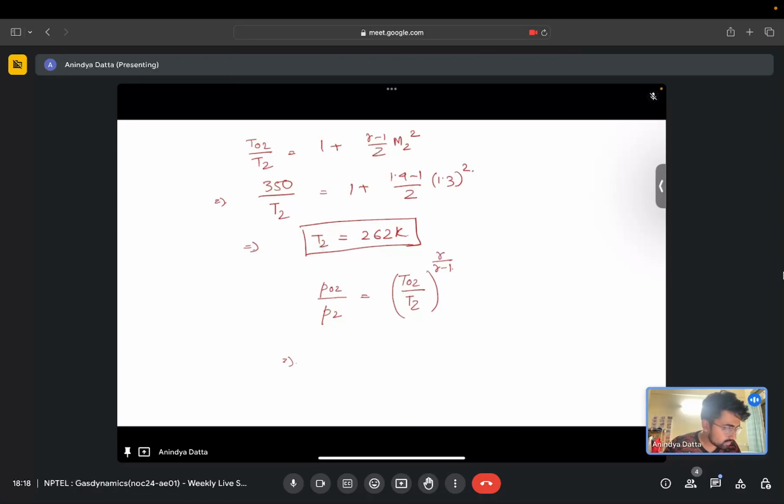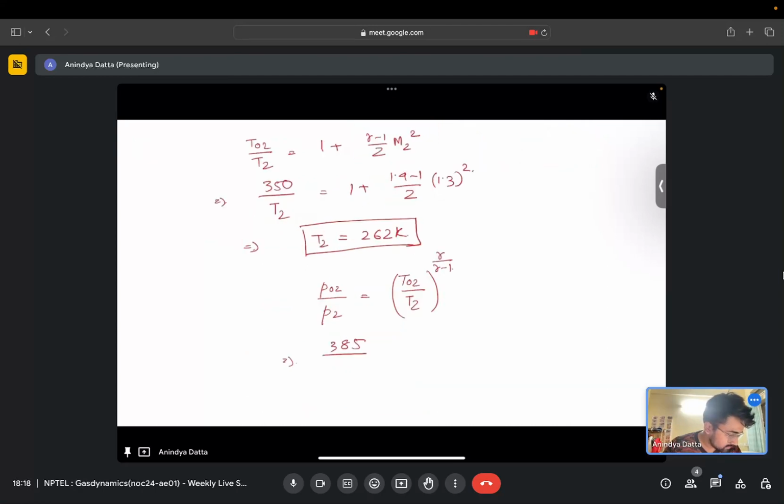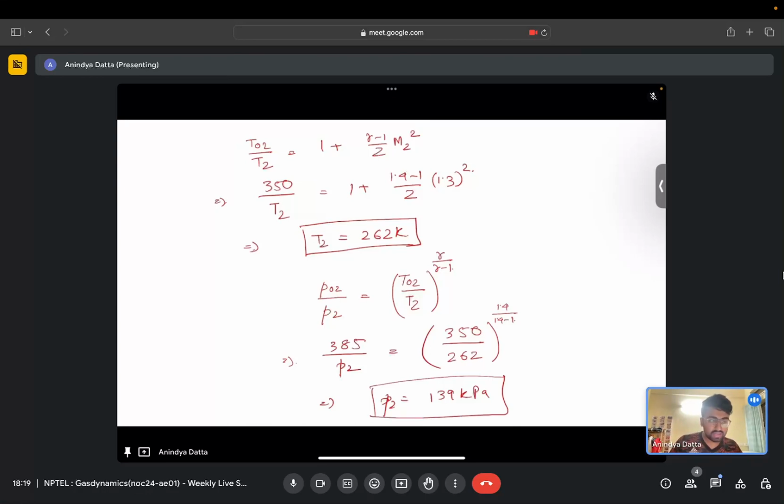P02 is given as 385 kilopascal, T02 is 350, T2 is 262, and gamma is 1.4. If you solve this, we will get P2 as 139 kilopascal.